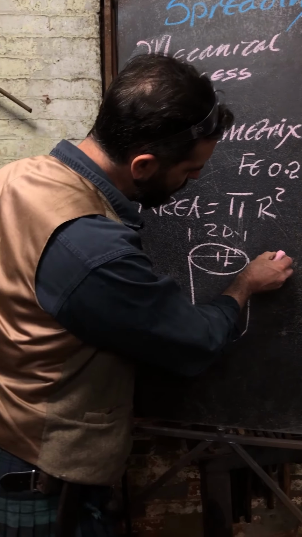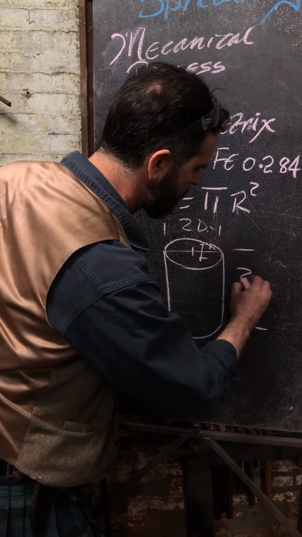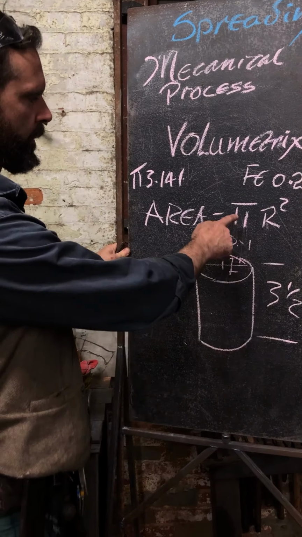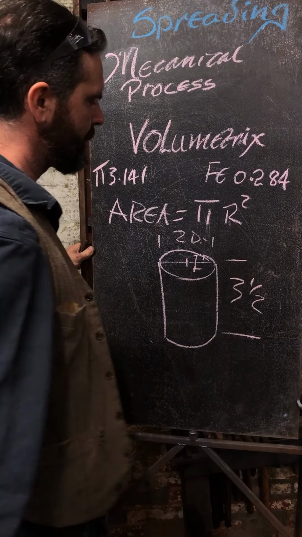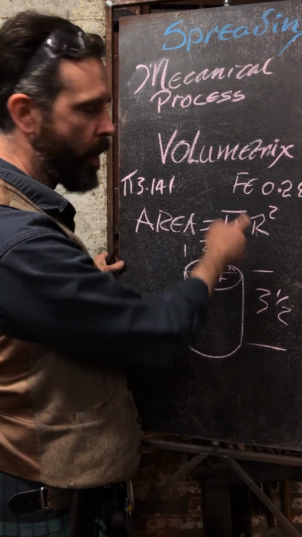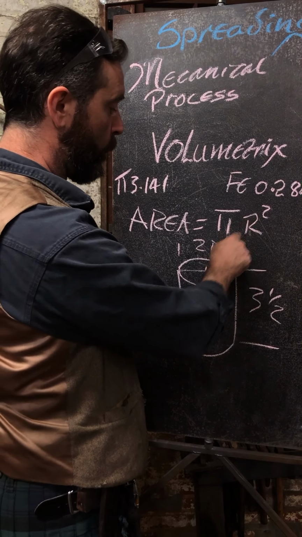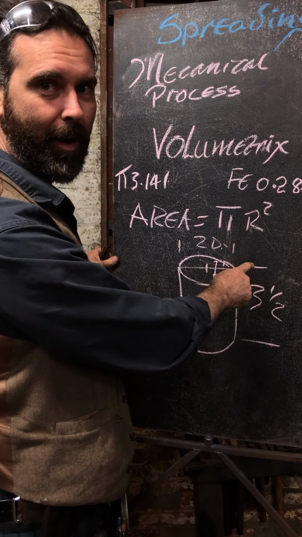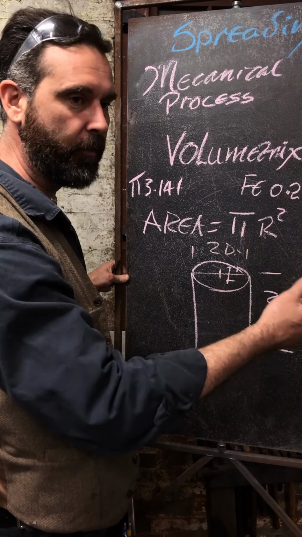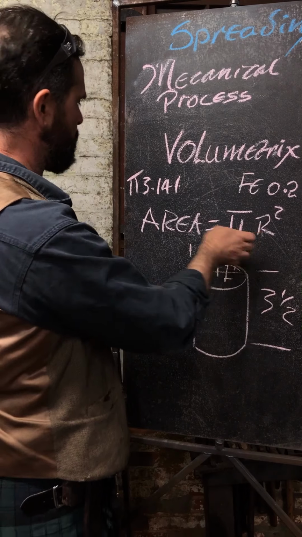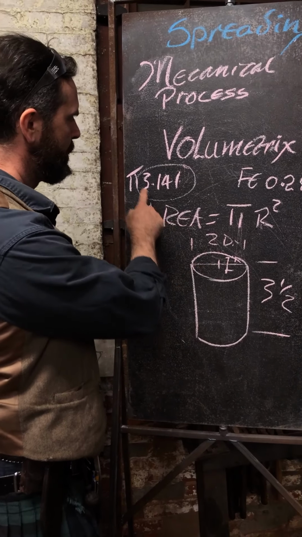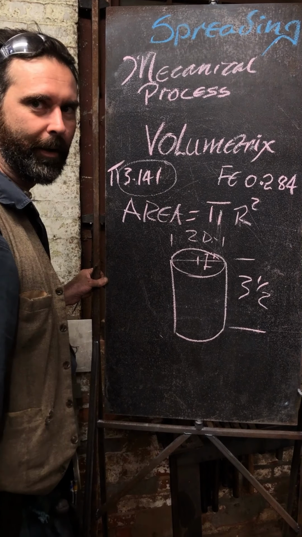Okay? So our length is 3.5. So the equation being pi r squared gives us pi, being 3.141, times 1 squared, right? 1 times 1, or 1 to the power of 1 of itself, is still 1. So we're just going to get pi. 3.141, right?